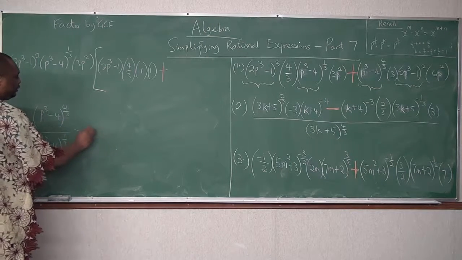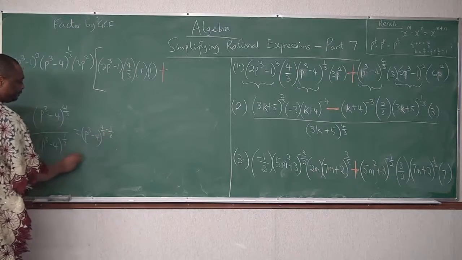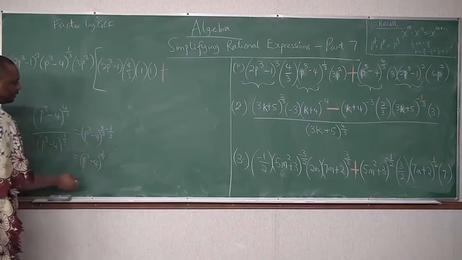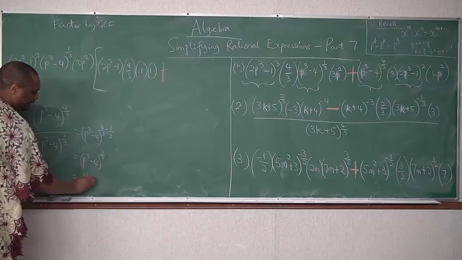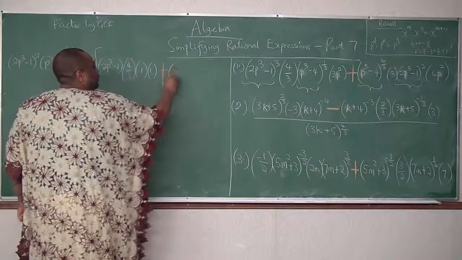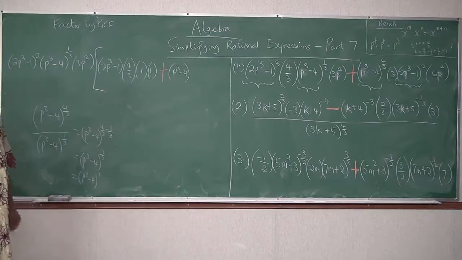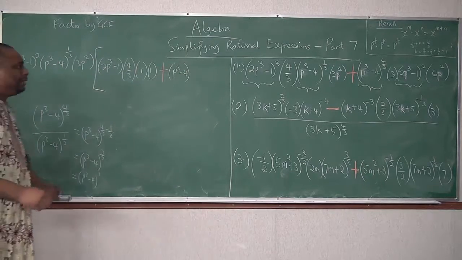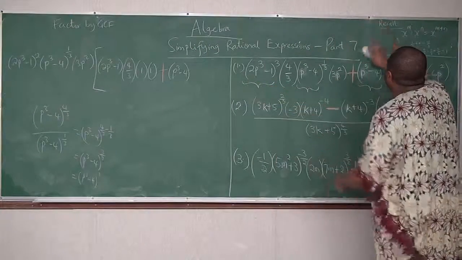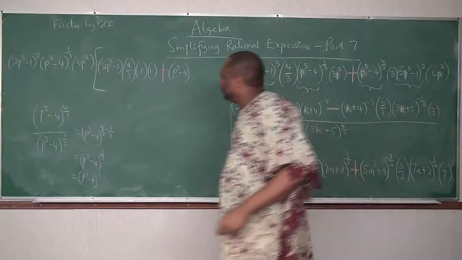So this will be p cubed minus 4 exponent 4 over 3 minus 1 over 3, which is p cubed minus 4 exponent 3 over 3. Right? Which is just p cubed minus 4, 1. So this is p cubed minus 4. Okay? We keep that. So, if this will confuse you, don't worry about this method. Just use the method that I just did here.